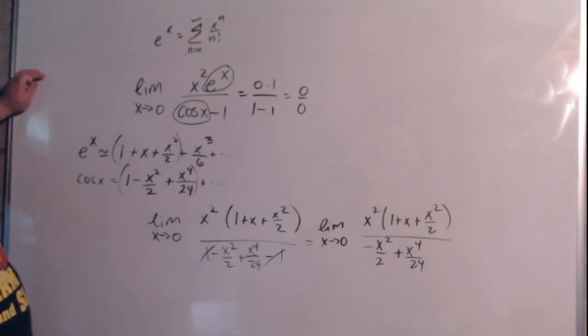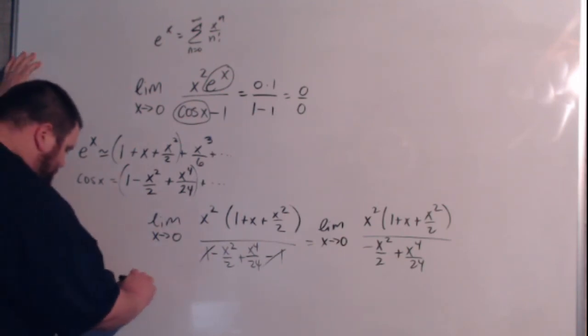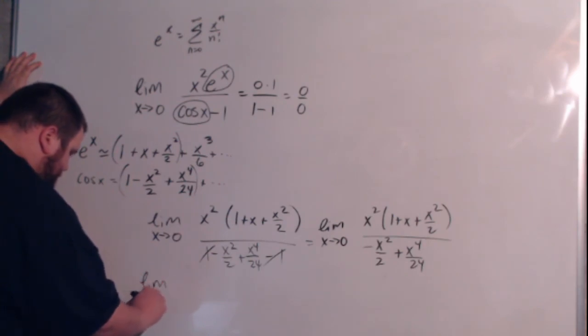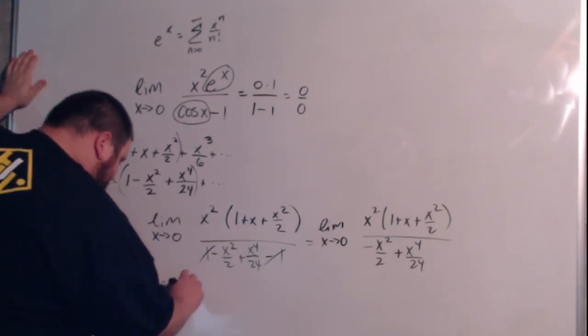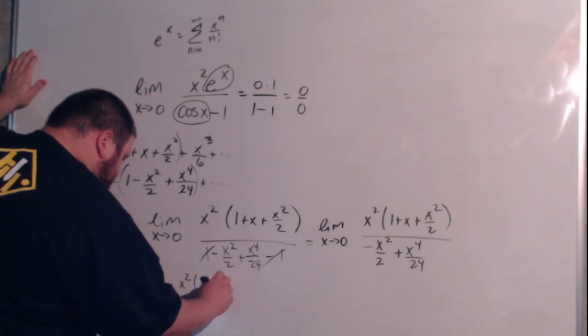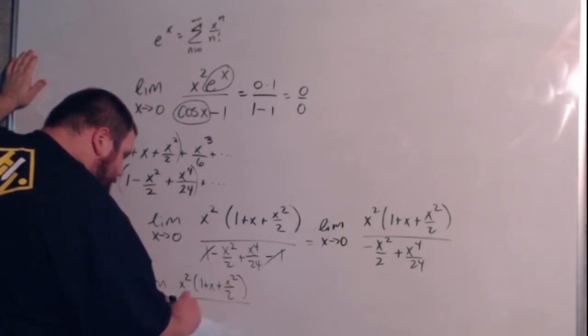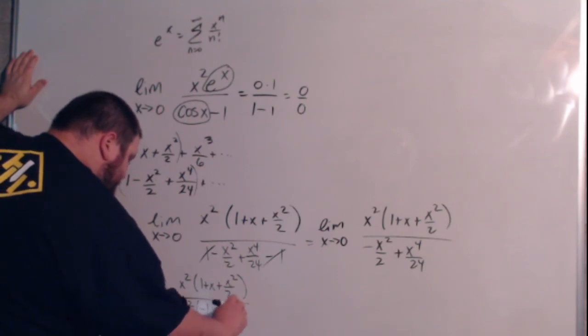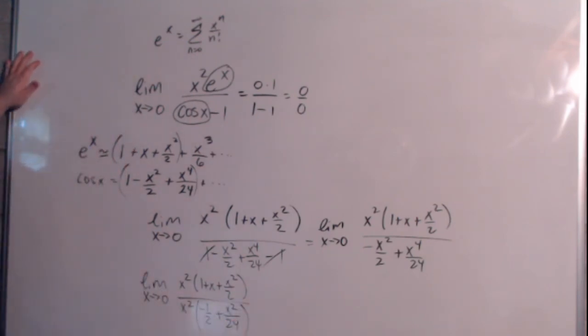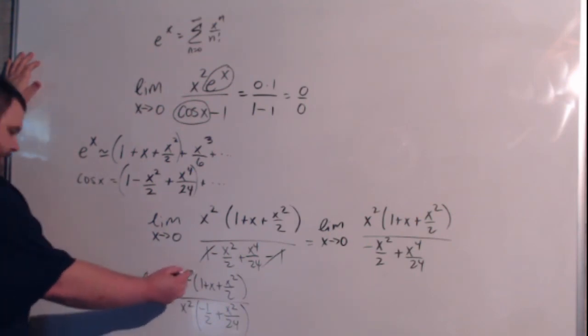And one thing I noticed there is that all of those terms in the denominator have an x squared in them. So I'm going to factor it out. So then I can get rid of these.